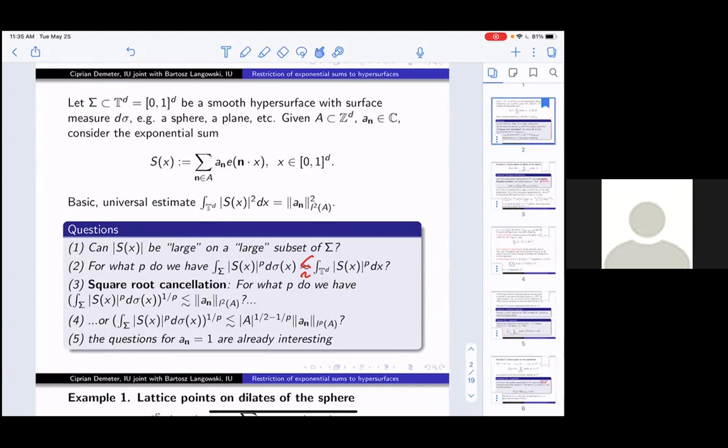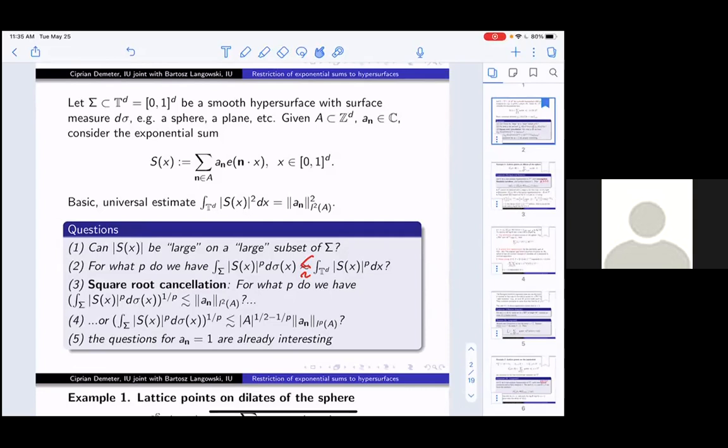And maybe there are values of p for which you can have such a square root cancellation. I should say that the larger the value of p is, because of Hölder's inequality, the harder it is for this square root cancellation to happen. Sigma has finite measure, so keep in mind there is a Hölder's inequality that relates various moments.